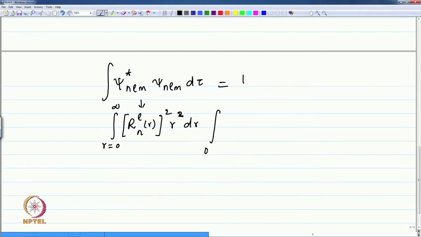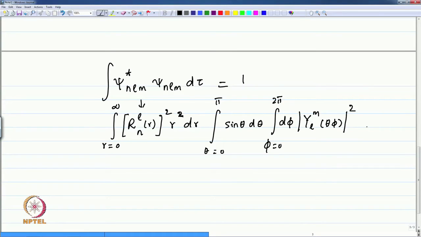Then you have theta from 0 to pi sin theta d theta, integral phi from 0 to 2 pi d phi, Y l m theta phi, the absolute square, and this has to be 1.